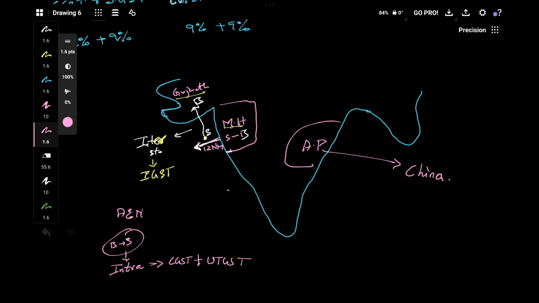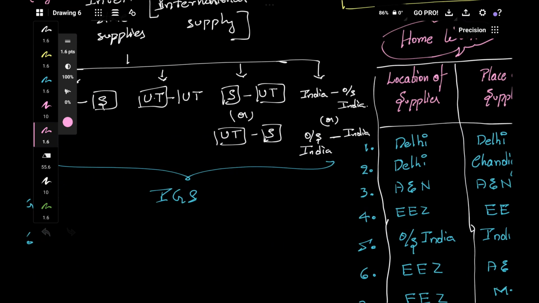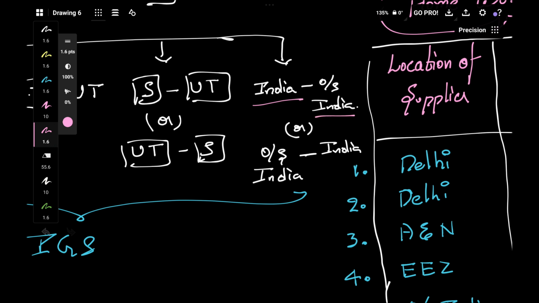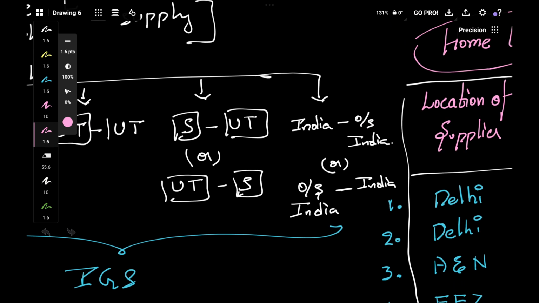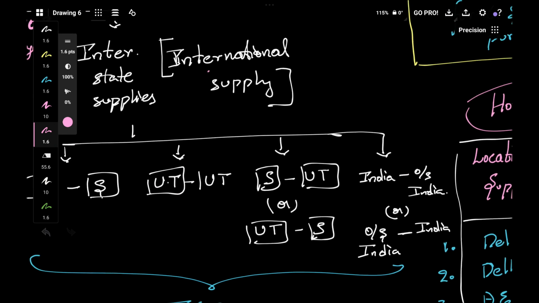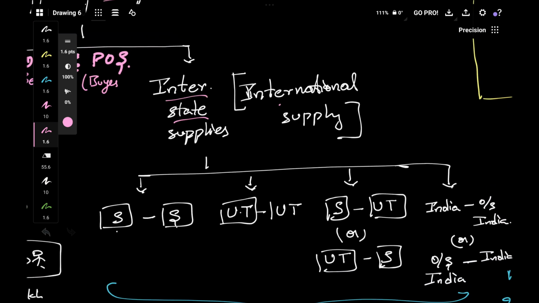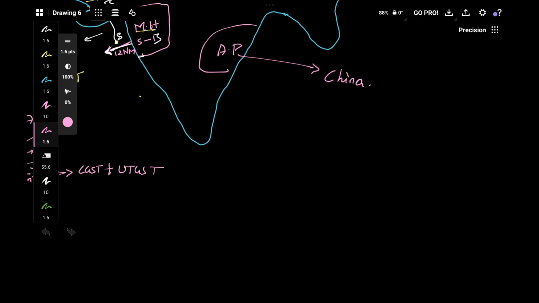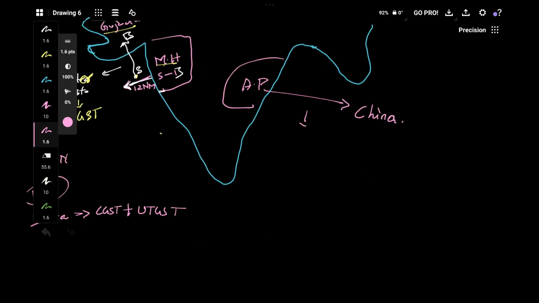So this is from India to outside India. This is also regarded as interstate. This is an international supply, but international supplies are also included in interstate. So this sale is also considered as interstate supply, and on this IGST will apply.